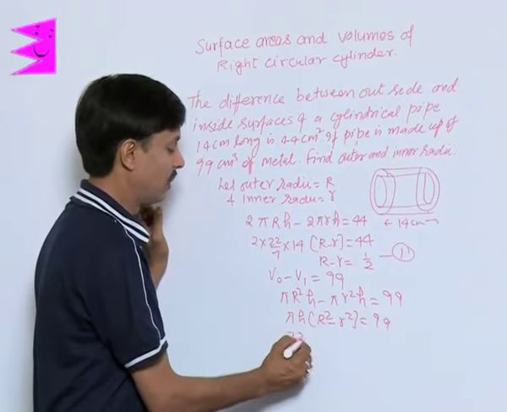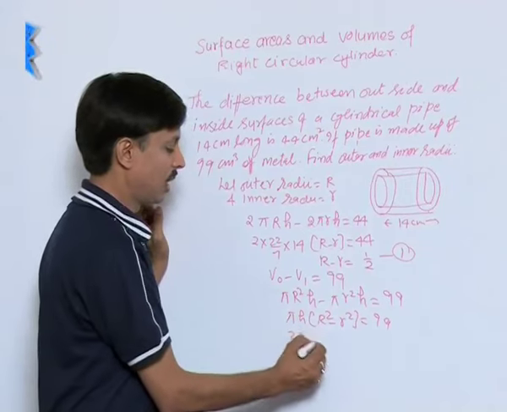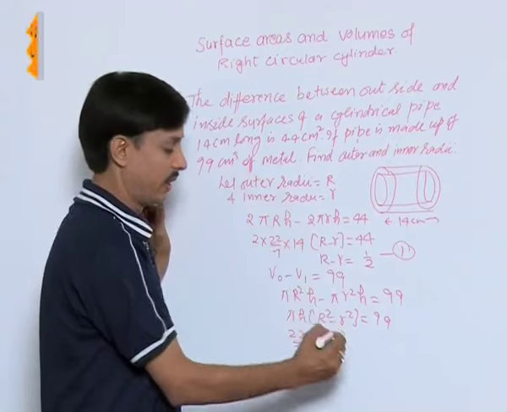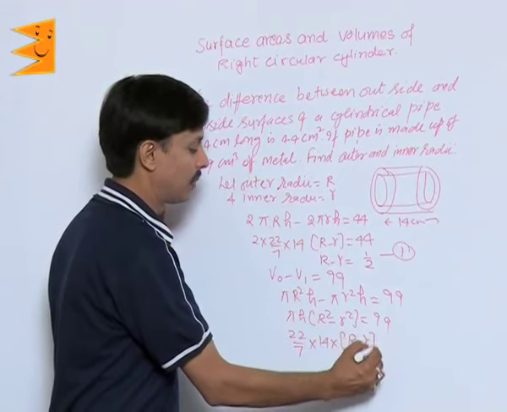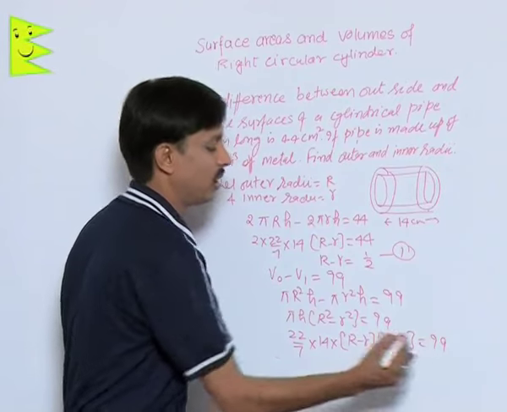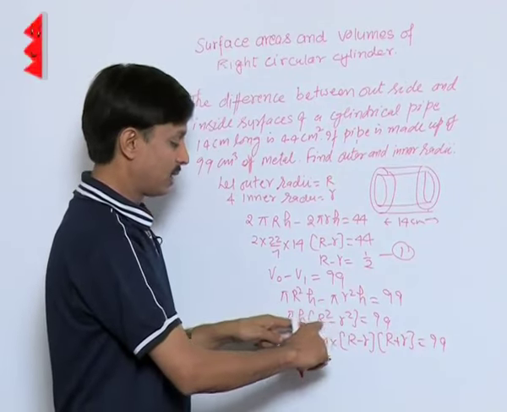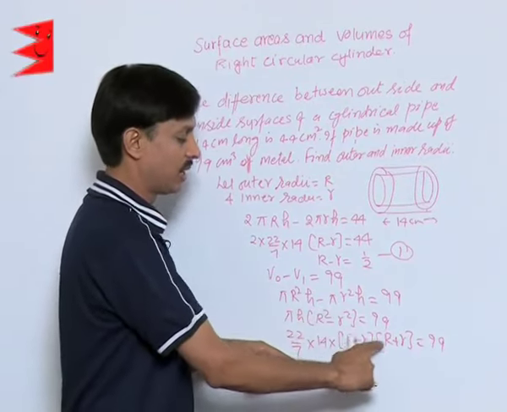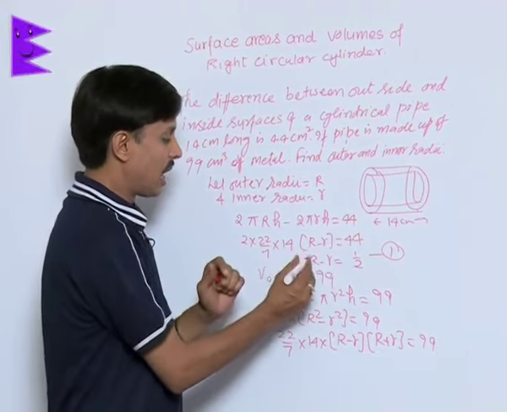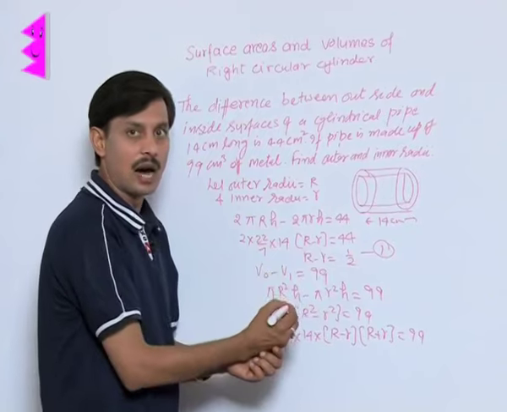Pi means 22 by 7, H means 14. R square minus r square can be written as R minus r into R plus r is equal to 99. Why? a square minus b square is a minus b into a plus b. From equation 1, R minus r is half.